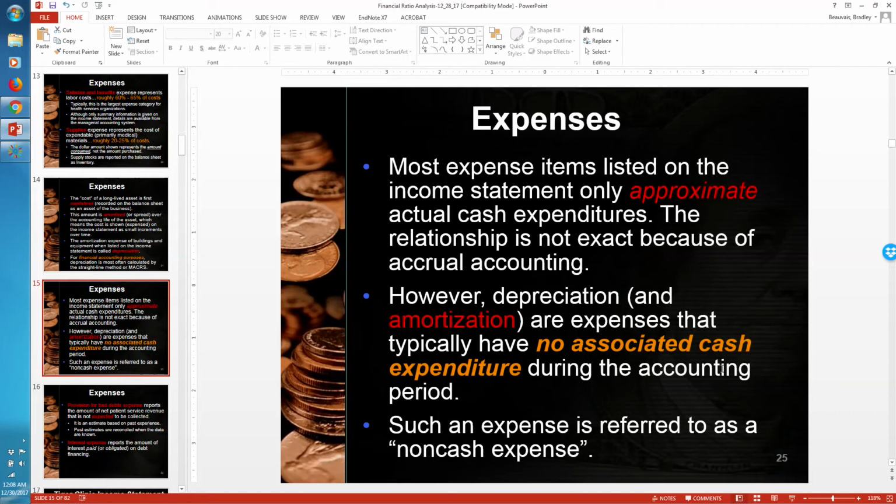Now, this is an area that's continuing to evolve, and I can share a couple of resources with you as we start talking about expensing. It's been discussed by several individuals, not the least of which are Harvard professors, Porter and others, who are talking about the benefits of activity-based costing.